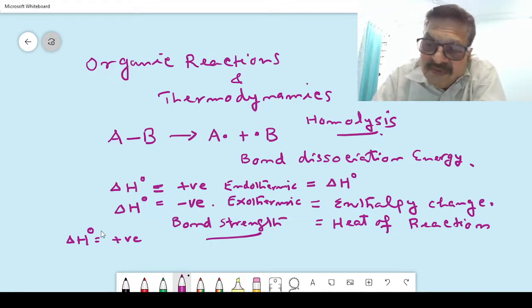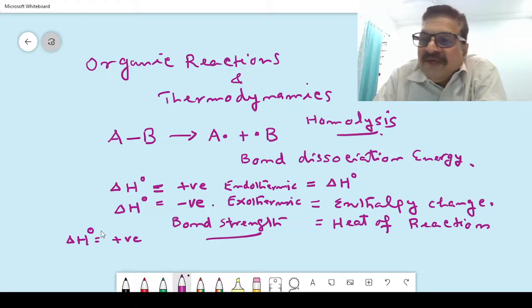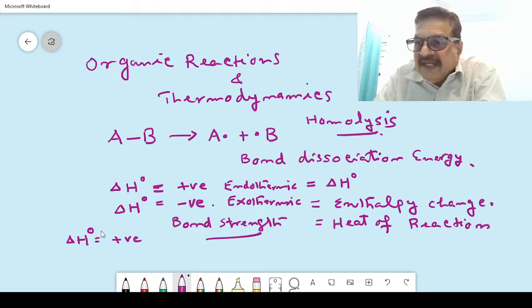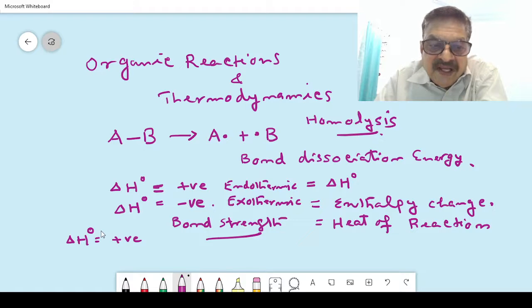The bonds broken in the starting materials are stronger, because the stronger the bond, the higher the energy needed to break it, the higher the bond dissociation energy.